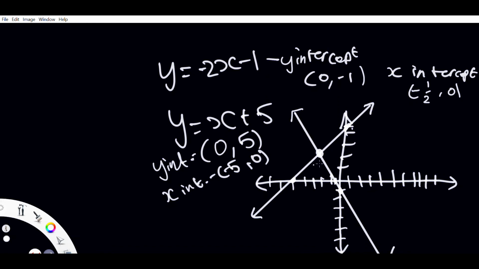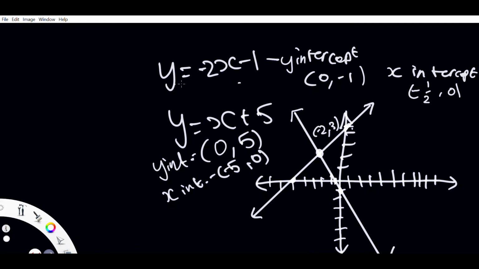So we can see that it intersects somewhere in -2 and close to 3. So we can say that this point is -2, 3, as an estimate, and we can even check. So -2 over here would give us, y is equal to -2x minus 1. -2 into -2 gives us 4.